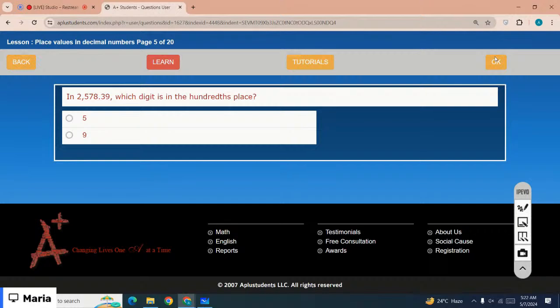Hundredths place is 9. 9 is at the hundredths place. The correct option is 9.